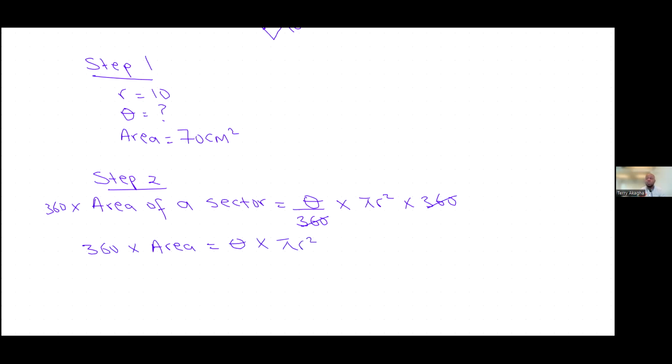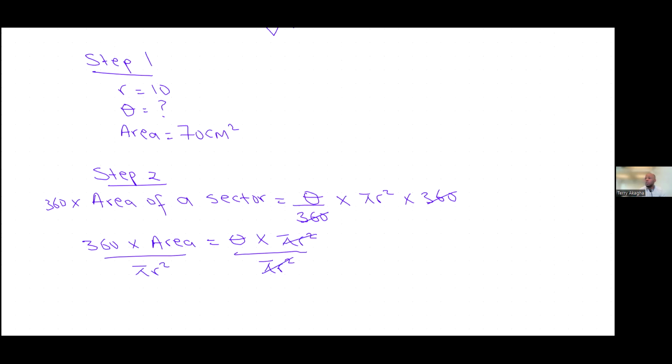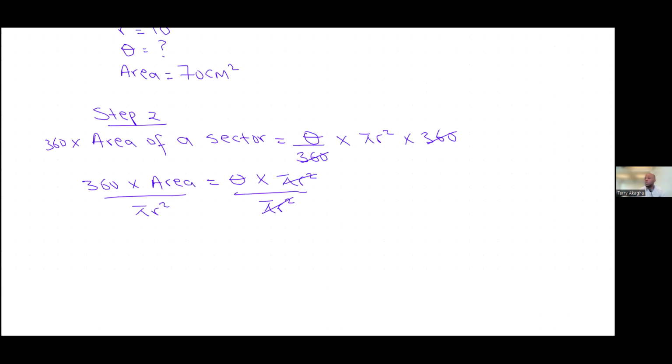We're just looking to make theta the subject, so I'm going to divide both sides by pi r squared, which cancels that. Therefore, theta is going to be 360 times area divided by pi r squared.